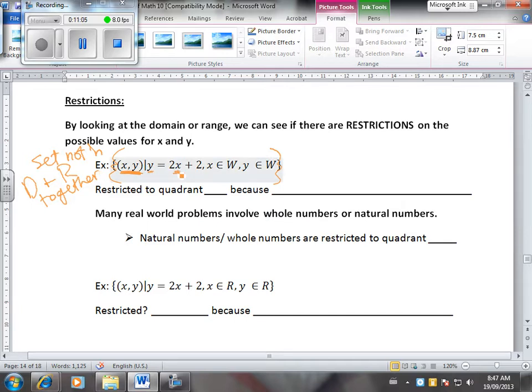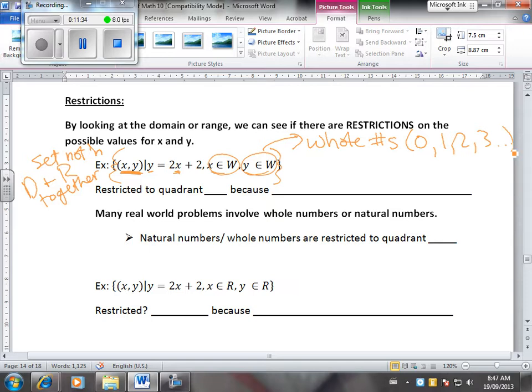So (x, y) such that y equals 2x plus 2, and x belongs to all whole numbers, y belongs to all whole numbers. Whole numbers, remember, are 0, 1, 2, 3, etc. Which quadrant do I have to be in?